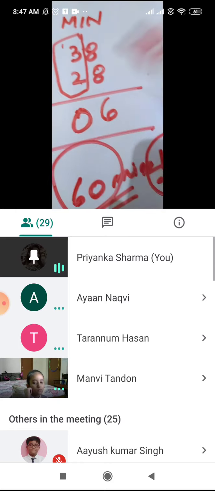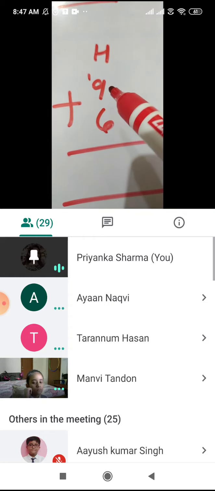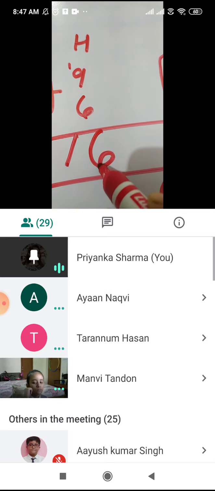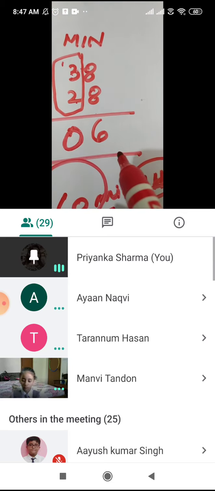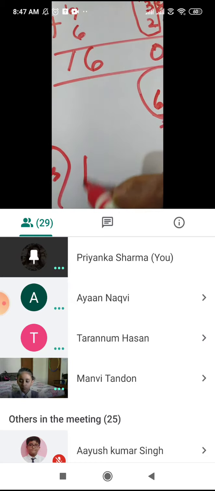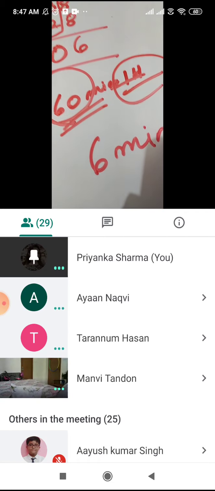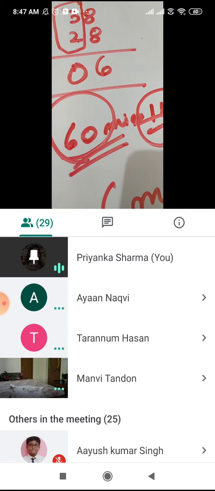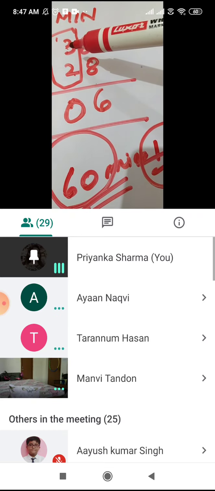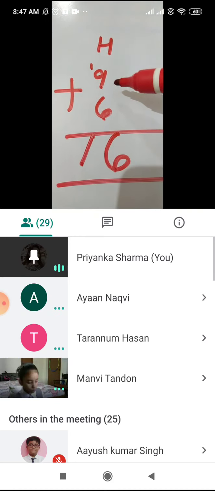What is left? 0. And here 1 we have carried, so 9 plus 1 is 10, and 10 plus 6 is 16. So your answer will be 16 hours 6 minutes. Only one simple rule you have to keep in mind: whenever the number comes to 6 or more than 6 in this column, we carry 1 to the hour section.